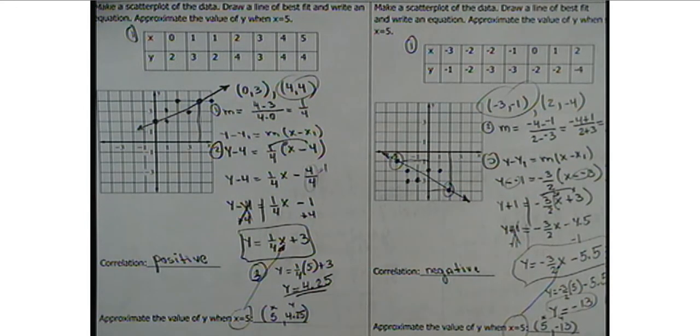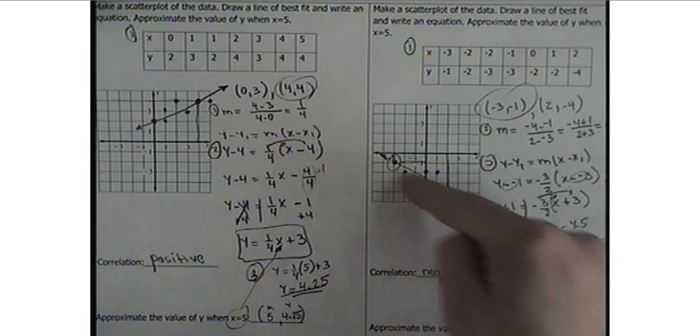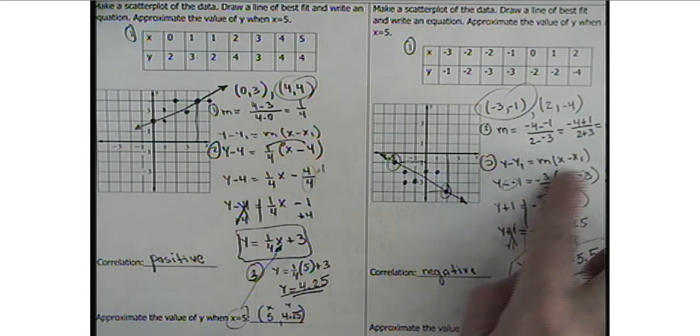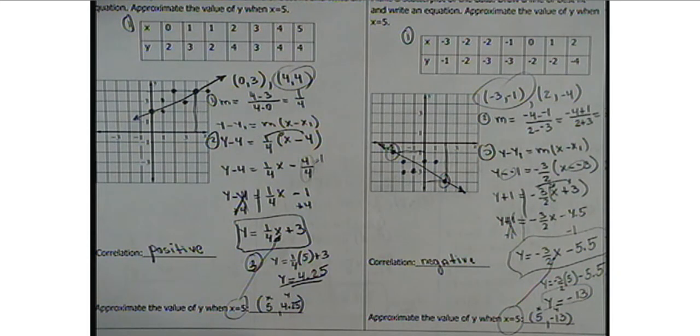So my goal is to make sure that when you draw the line, you go exactly in the middle, you pick the 2 points, you do the calculations right, and you follow all the steps.